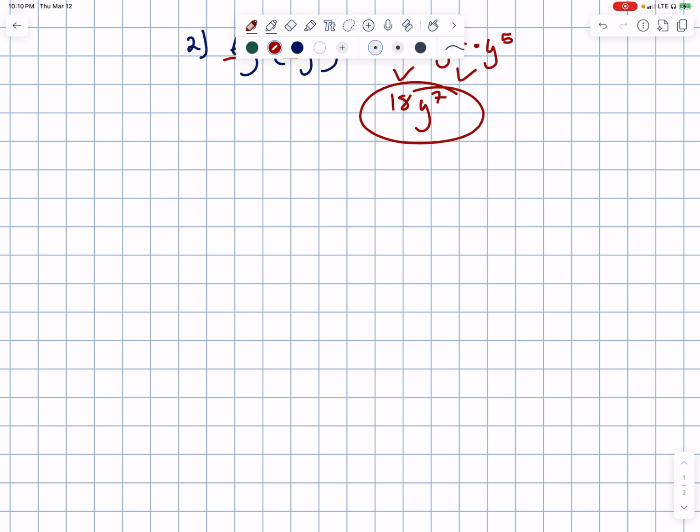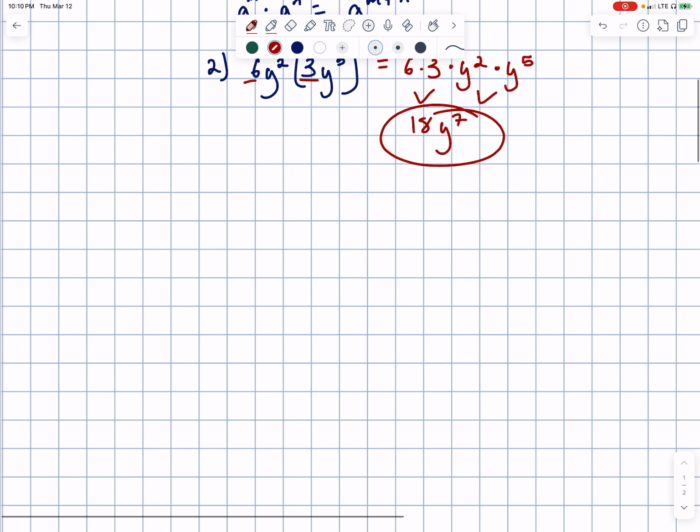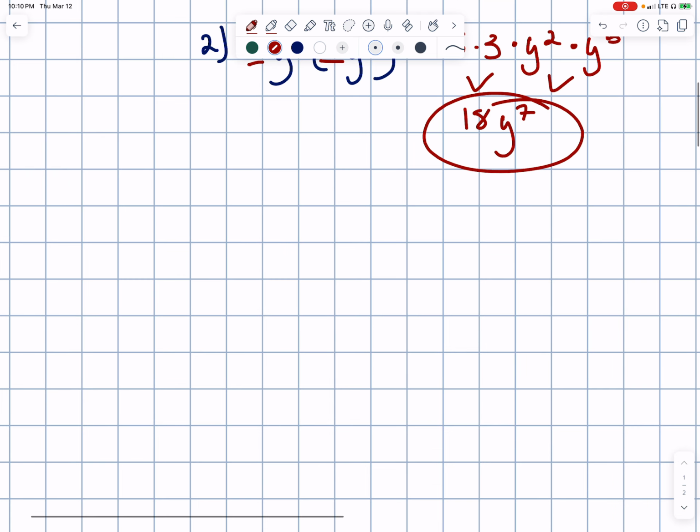When multiplying monomials, there's a rule. And here's the rule, and I want you to write it down.